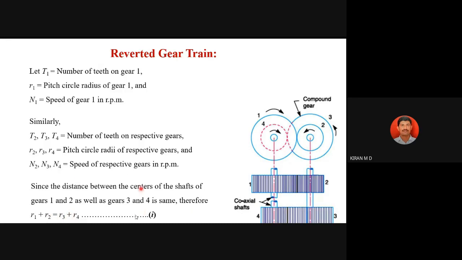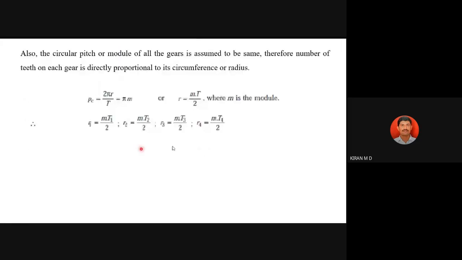Whatever I am talking, the radius or diameter, those are the pitch circle diameter or pitch circle radius. Keep that in mind. So now we know the concept: diameter is equal to module into number of teeth, and radius is module into number of teeth divided by 2.